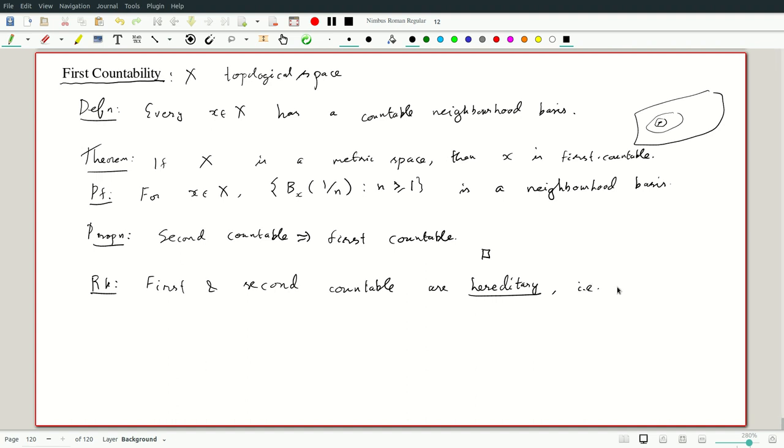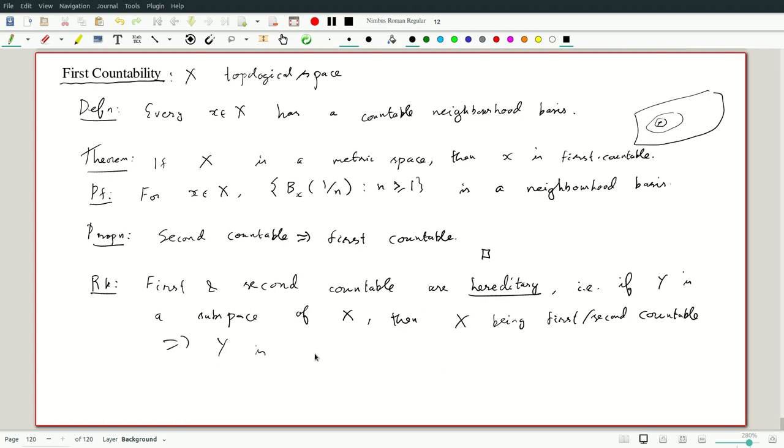That is, if Y is a subspace of X, then X being first or second countable, whatever property you want, implies Y is the same, whatever it is.